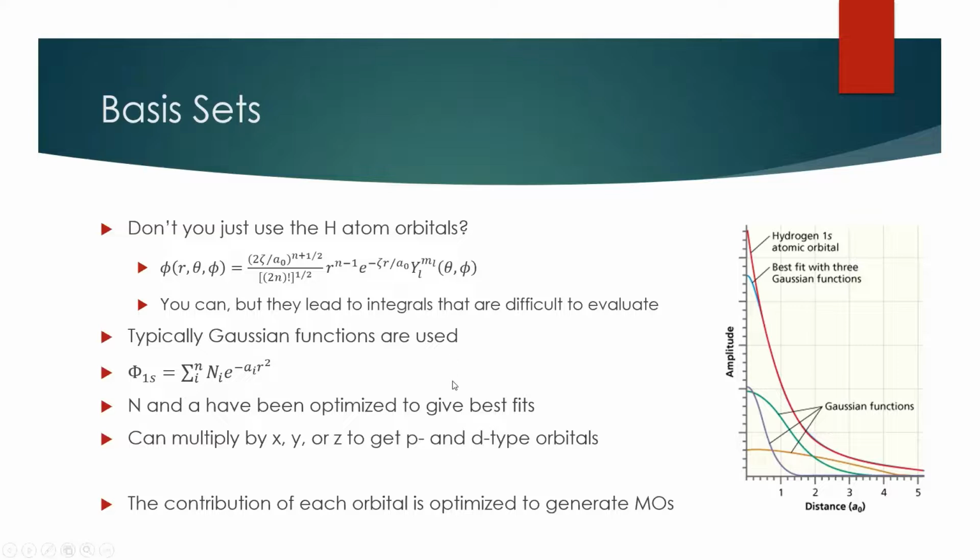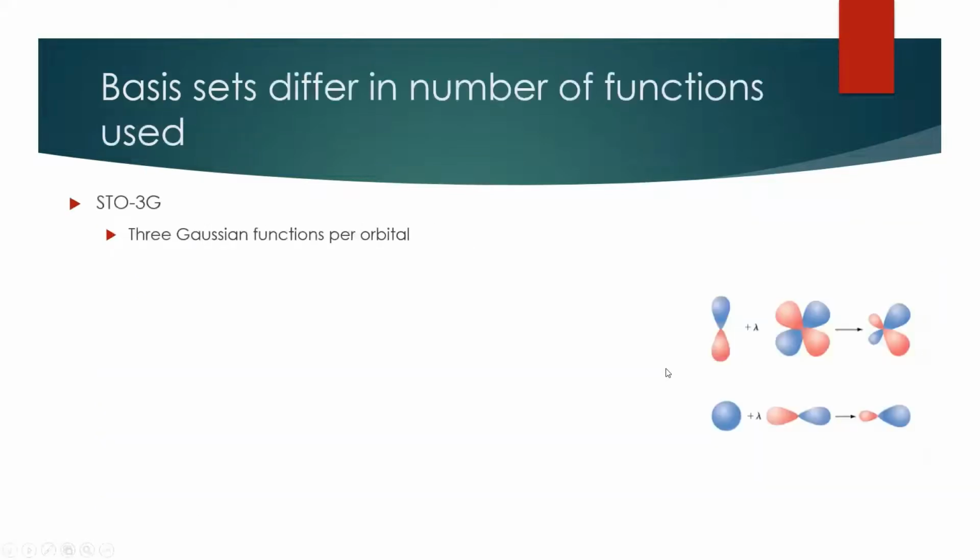And so these basis sets are often called STO-3G, which means Slater-type orbitals with 3 Gaussian functions describing them. So that is the most simple basis set that we can use here. We could go into some more complicated basis sets that get a little bit closer to reality.